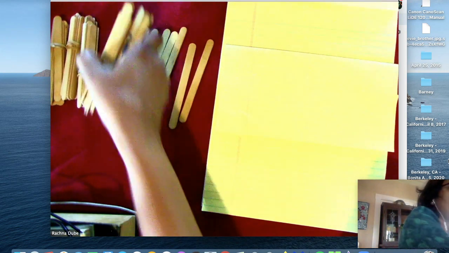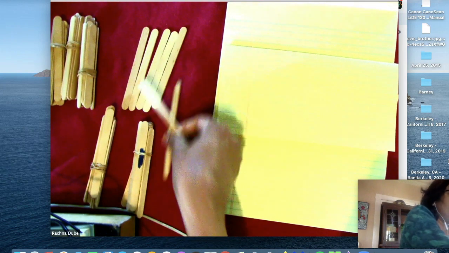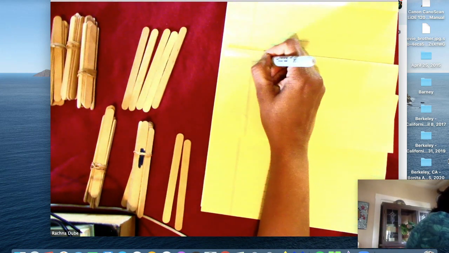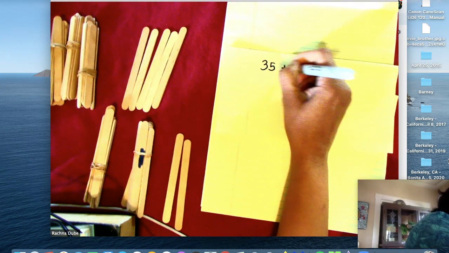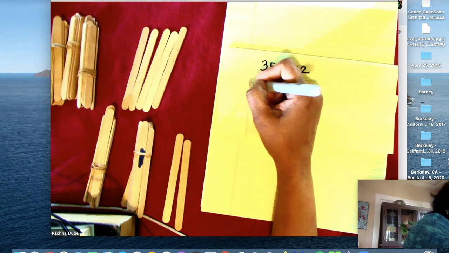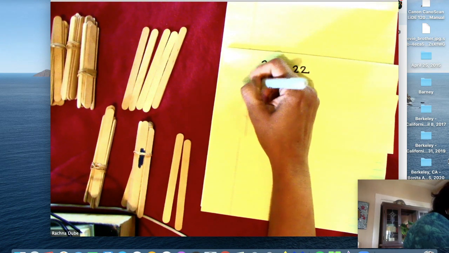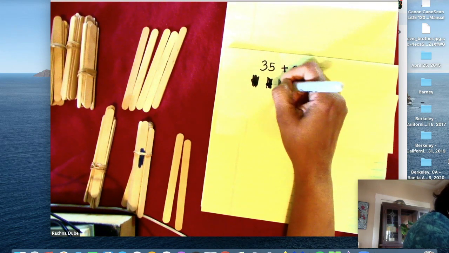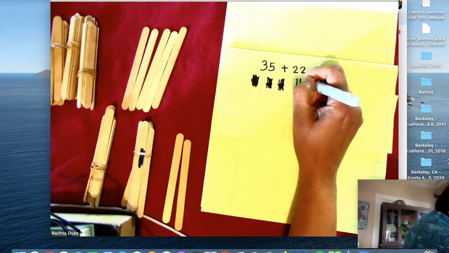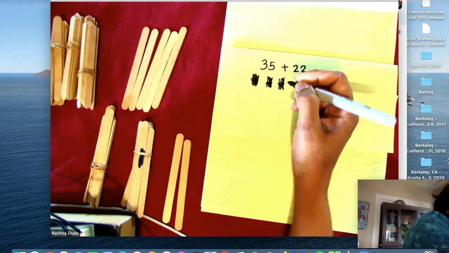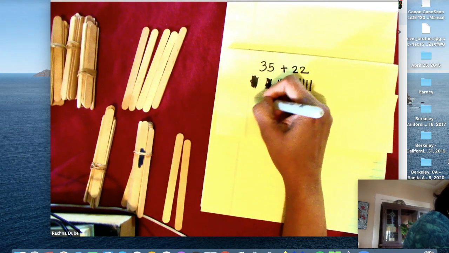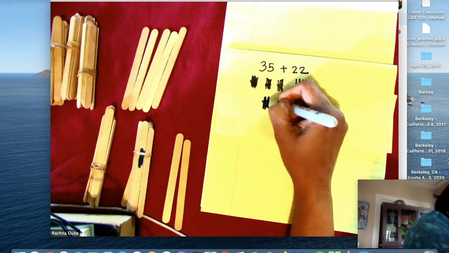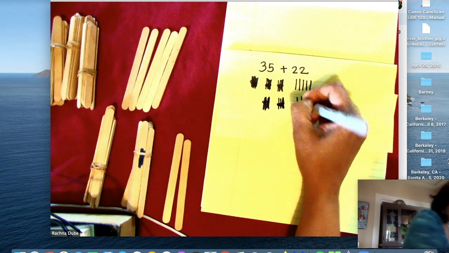You know what you could also do? If you were showing 35 and 22, if I wrote 35 plus 22, think of it as a bundle of 10, another bundle of 10, another bundle of 10, and then 1, 2, 3, 4, 5. And then 22, a bundle of 10, a bundle of 10, and 2 more.